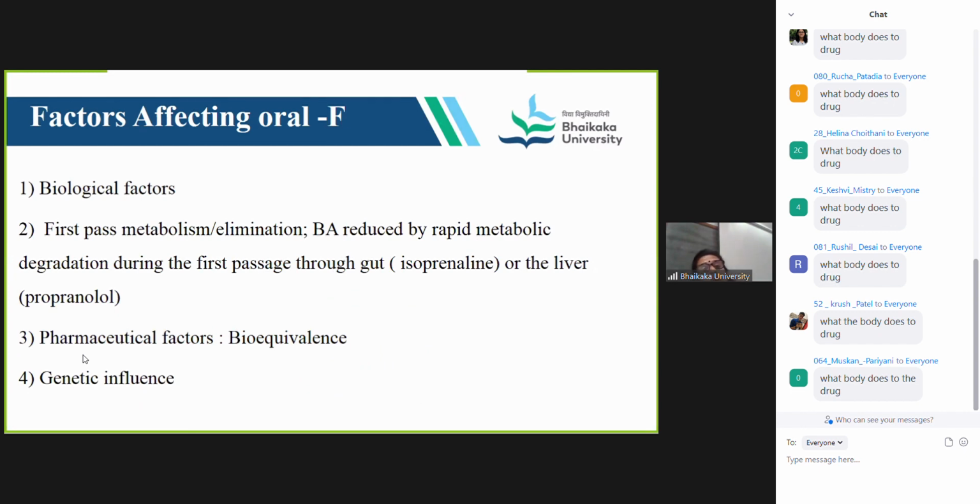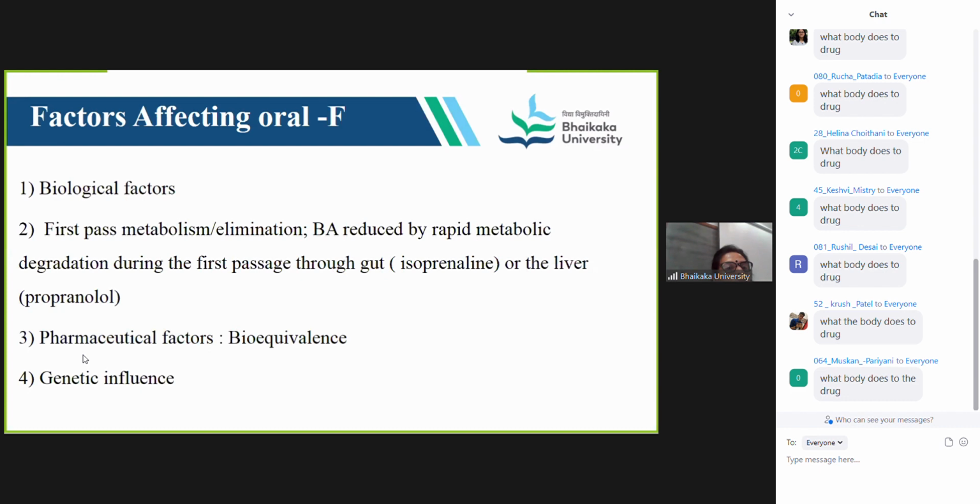The factors affecting oral bioavailability: first is biological factor, second is first pass metabolism, third is pharmaceutical factor, and fourth is genetic influence. The factors which affect absorption are a similar kind of factors which affect bioavailability. The biological factors are what I described: the pH, the motility, the vascularity.